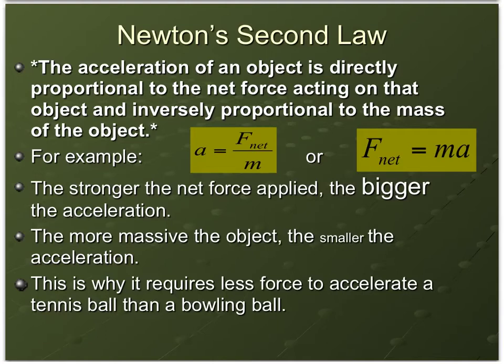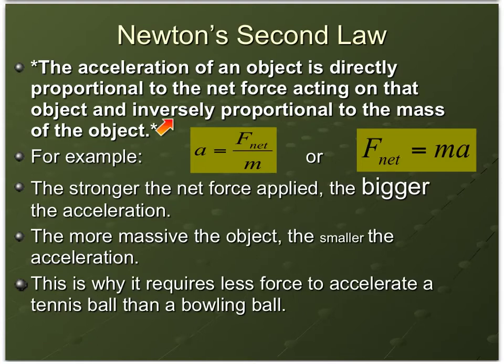In our definition, we see the words directly proportional and inversely proportional. If something is directly proportional, what that means is that it changes in the same direction by the same factor. So in other words, if I double one value, the other value doubles as well. If I cut that value in thirds, the other value is cut in thirds as well.